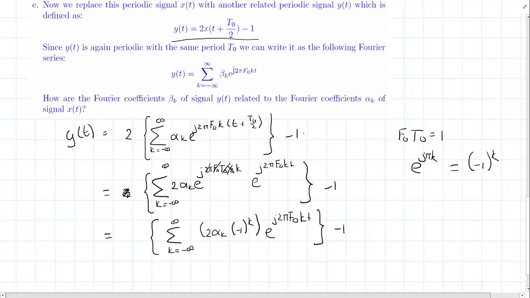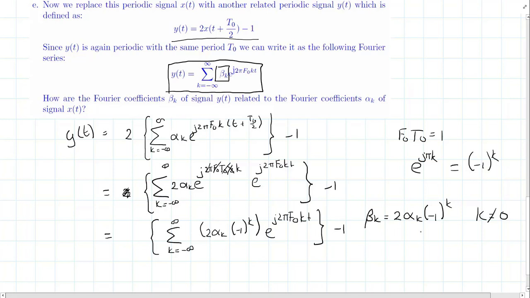If we now have a look at the Fourier series of y of t, we can simply see the value of beta k. Beta k is related to alpha k using the following expression, 2 times alpha k times minus 1 to the power k. Simply have a look at these expressions. However, this is only for the case that k is not equal to 0.